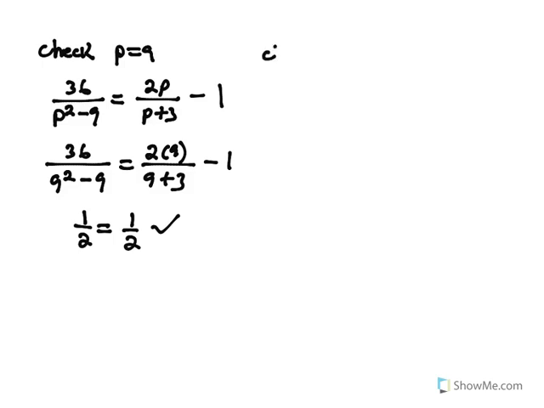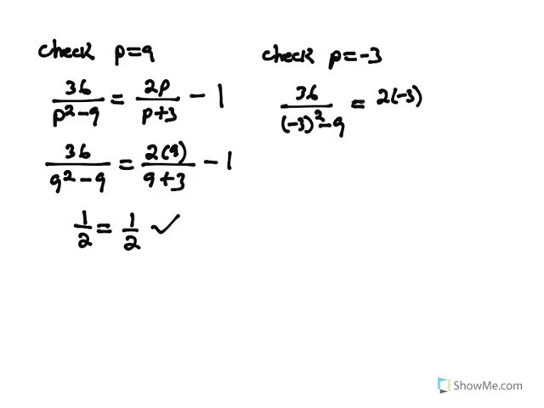But if you check the other potential solution, p equals minus 3, okay, again, you're going to just substitute it in. I'm going to use parentheses because you have the minus here, okay?